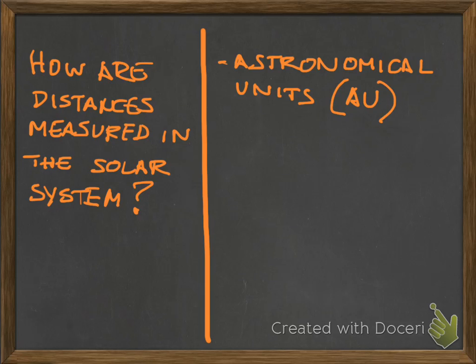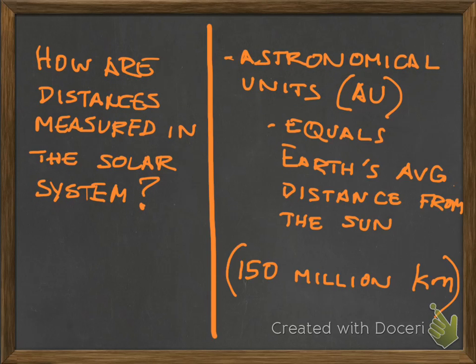Now, what are astronomical units? Well, an astronomical unit is a unit that's equal to Earth's average distance from the sun. So that's 150 million kilometers, which is quite a distance away. If we had to use that, we would go into astronomical numbers that are just way too large.